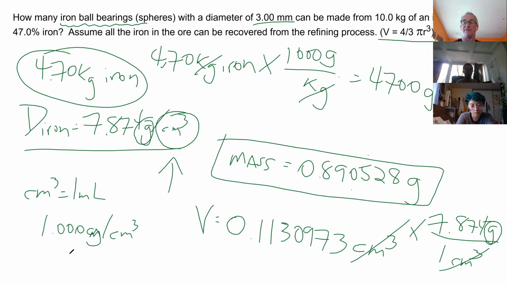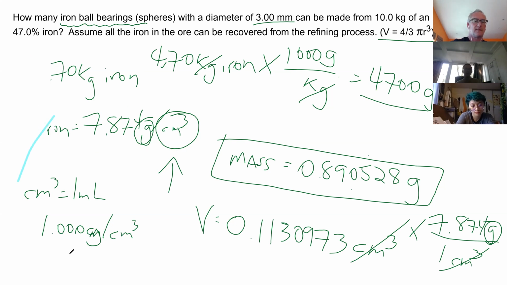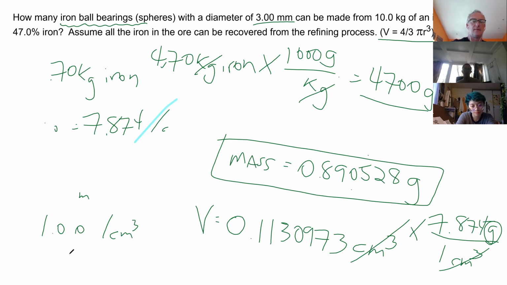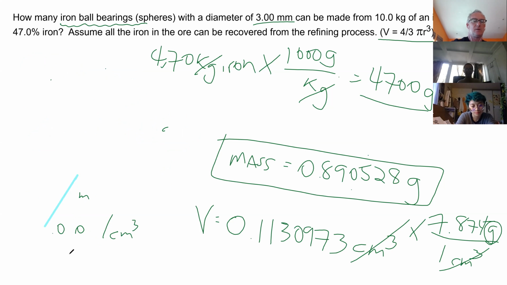Now, since I'm doing lots of conversions, I want to convert that to a number of ball bearings. So what's my last conversion to do? Divide? Don't divide. I never divide anything, ever.